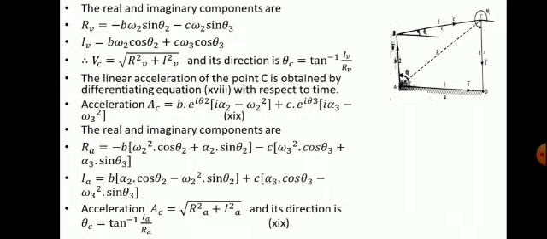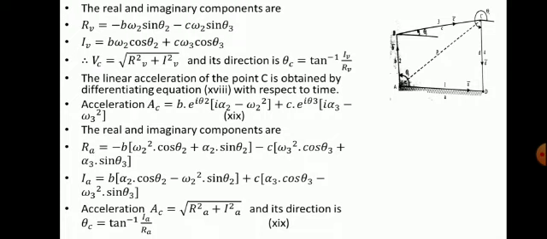Like this, by using Raven's approach, this completes the procedure to find the velocity components and the acceleration components of the 4-bar mechanism.